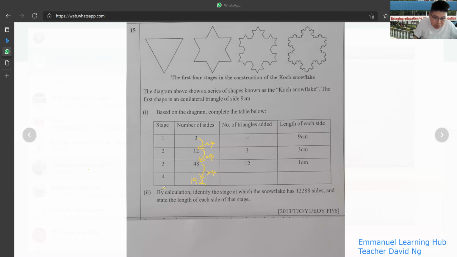If there's a stage 5, 192 times 4 will give you 768. Then after that, number of triangles added, you have 3, 12. Again, times 4. This will be 48. 48 times 4, you have 192.